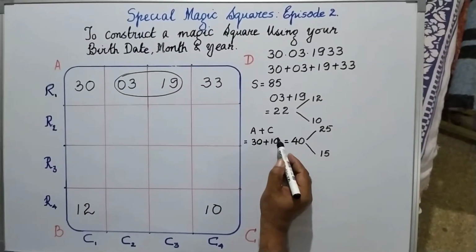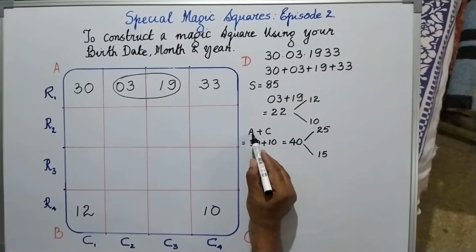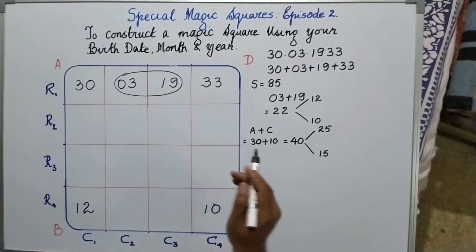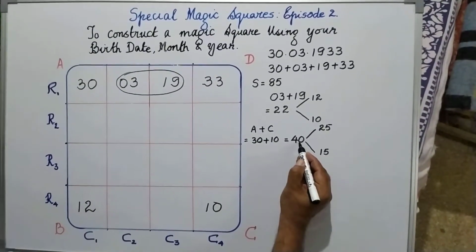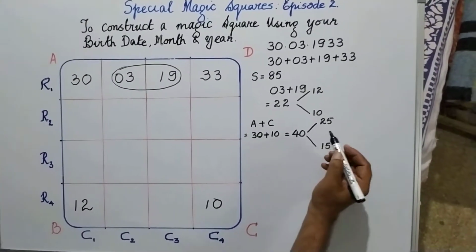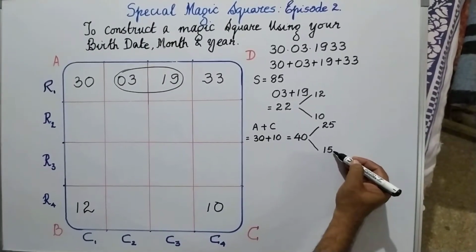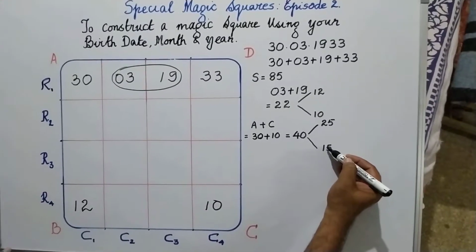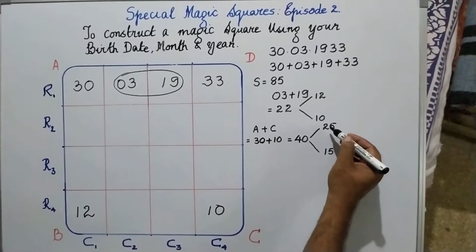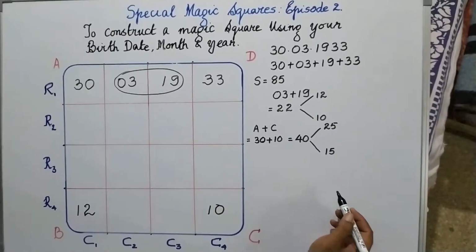From where did I get this 40? I have taken A and C, and I have got the answer as 40 if I add that. And I have split that into two parts, 25 and 15. Now where do I fill these two?